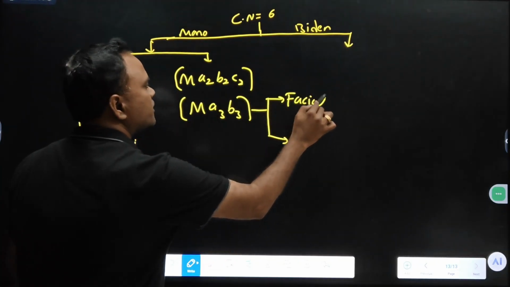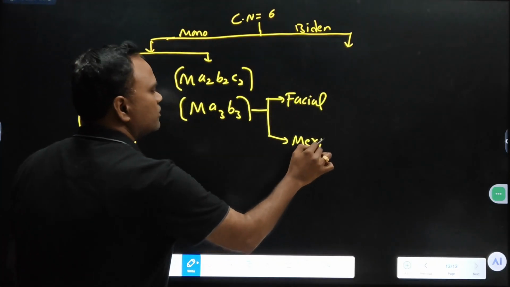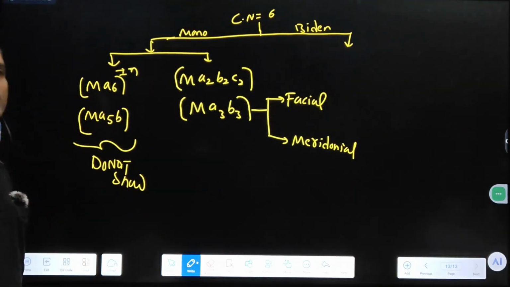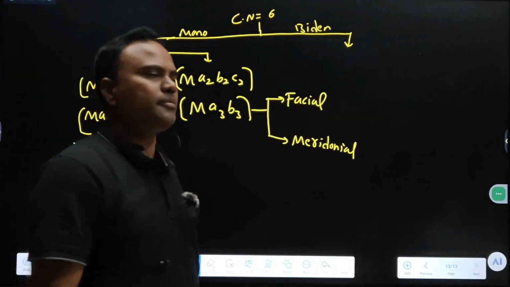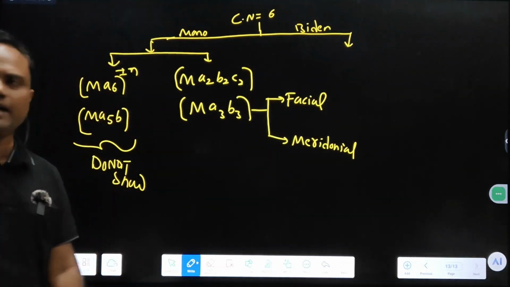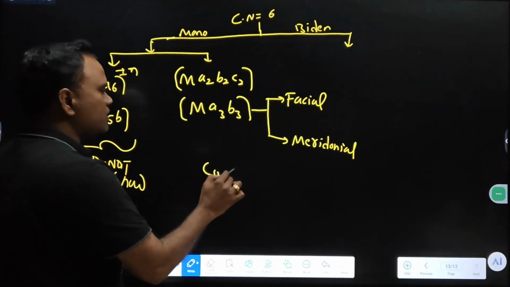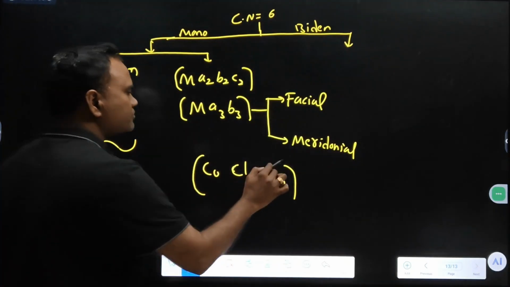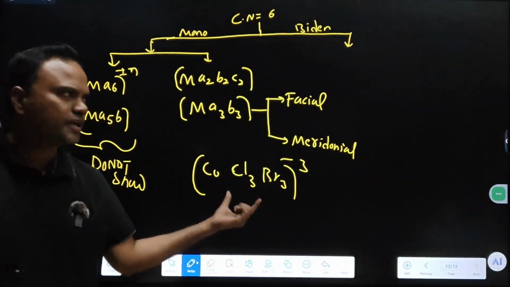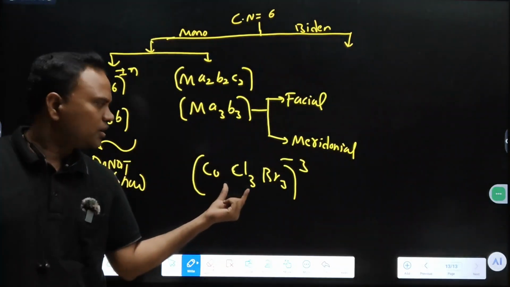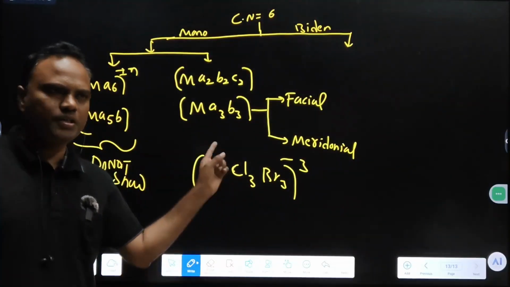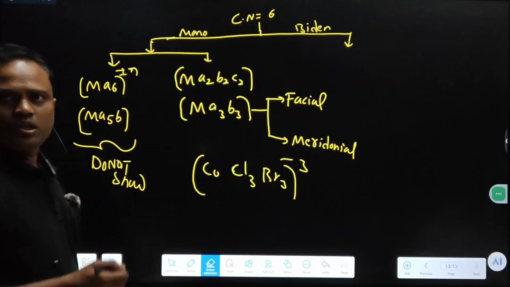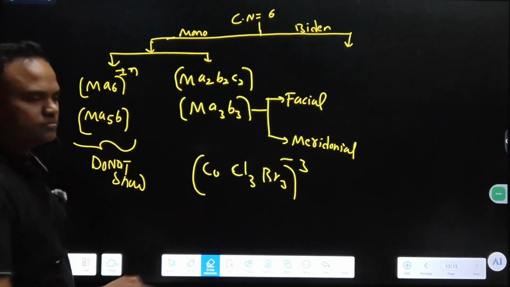Tomorrow I'll explain facial and meridional. Direct question: which of the following complexes shows facial and meridional? MA3B3 category. Best example, look at this: Cl3Br3. This comes under which category? MA3B3. Clear? Tomorrow we'll discuss examples for each model.